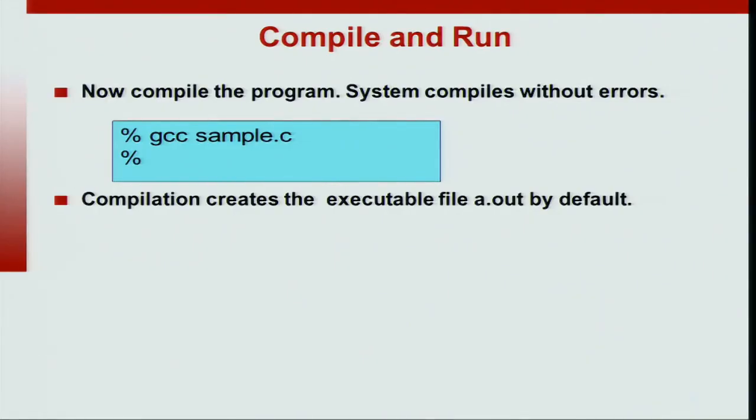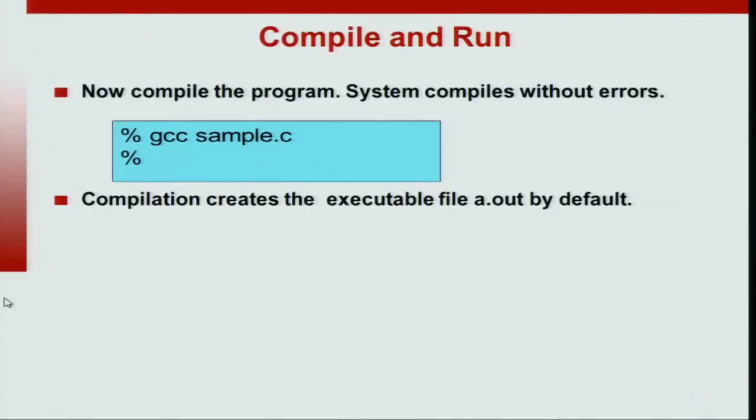Now if you compile the program and you have typed the program correctly, then a new file called a.out will be created. So if you type gcc sample.c and there are no errors, it will just say nothing. If it says something, then there is a compilation error.